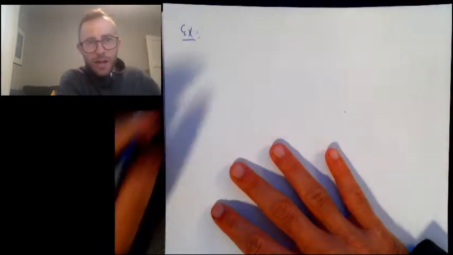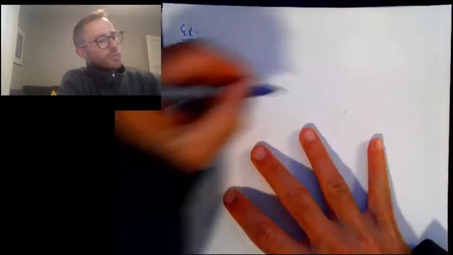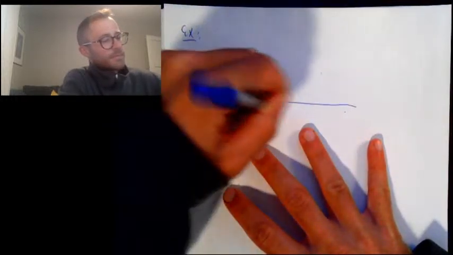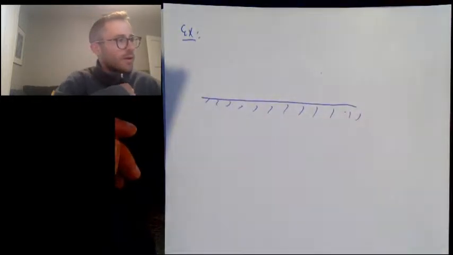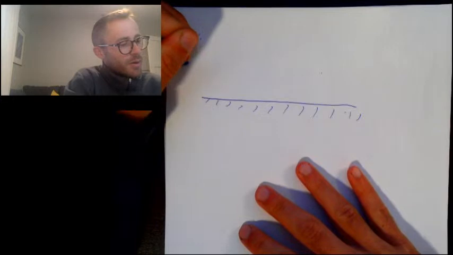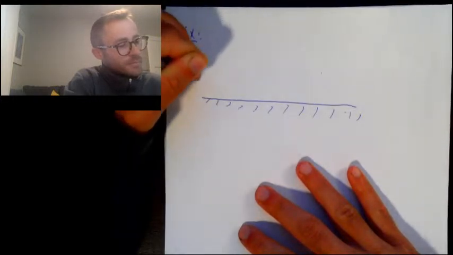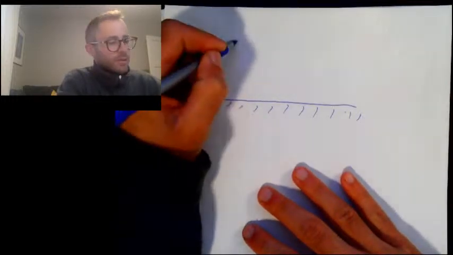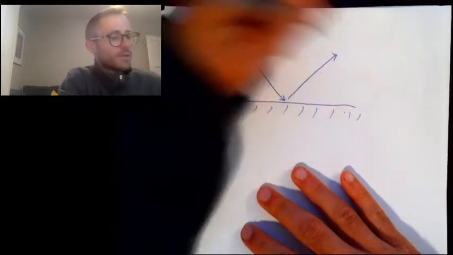This example actually has to do with the sneaky form of Newton's second law. So what if we have a floor, or just a wall, okay, and we have a 2 kilogram particle, and the 2 kilogram particle goes dunk, dunk, like this.